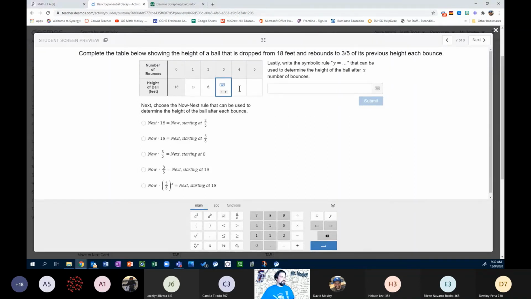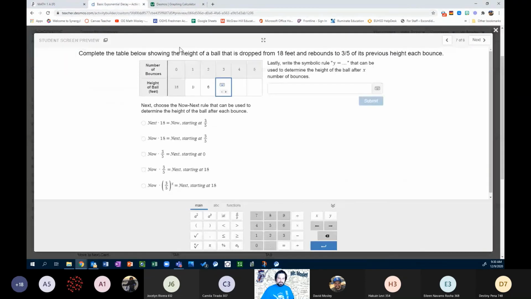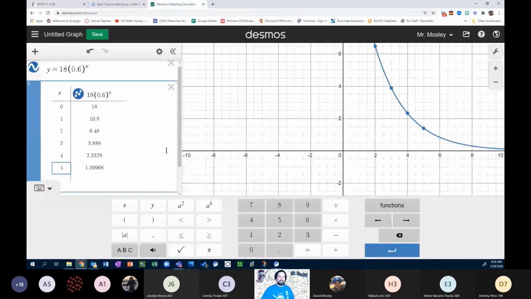And it's teeny tiny, but 3.89, and so on. And we can enter in the table that way. So that hopefully is kind of helpful, a nice little helpful hint that you can use.